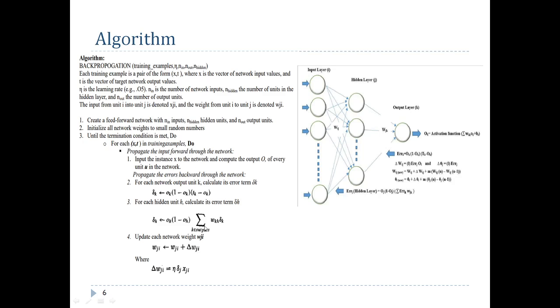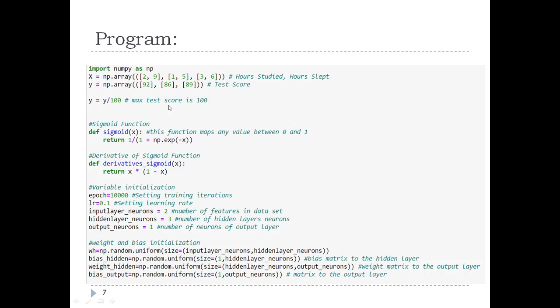All these procedures repeat until we get optimized, accurate results which are very near to the actual output value. So this is how the back propagation algorithm works. Next we'll see the program, the implementation of this problem statement.